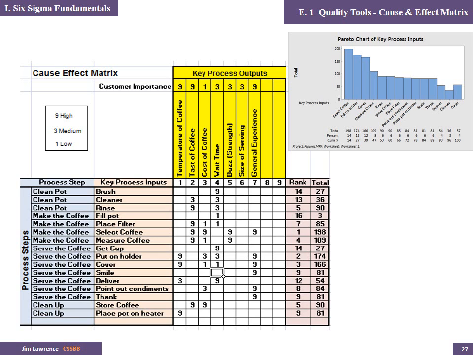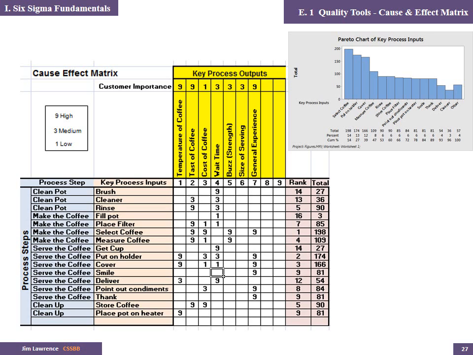So we can score by multiplying the cell ranking value by the weighting and getting a total. And we can then Pareto the results so that we see that selecting the coffee and putting on the holder are a couple of the most, at least the team decided by the use of this tool: selecting the coffee, putting on the holder, covering it, and measurement of the coffee, rinsing are some of your top.